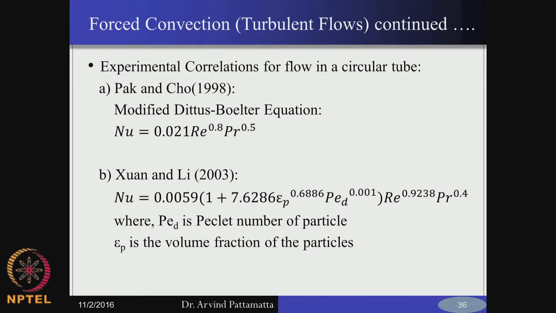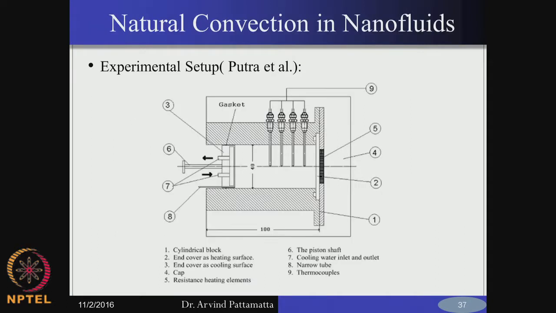This is a very simple expression and does not account for the volume fraction, whereas the expression by Juan and Lee explicitly states that for different volume fractions you have different values of Nusselt number. So, these are average Nusselt numbers.